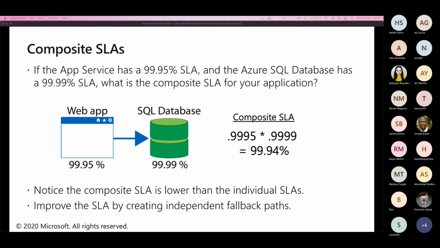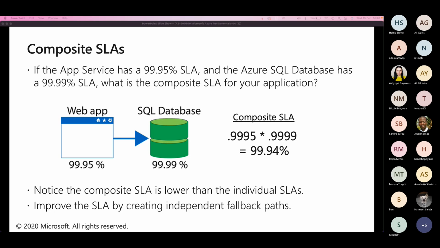Okay, there are too many variables in that composite SLA. Basically, it's based on the probability of things breaking. If there is a 0.05% chance of the web app breaking, but it could break at any time and be unavailable, and there is a 0.01% chance of the SQL database breaking, but it could break at any time.